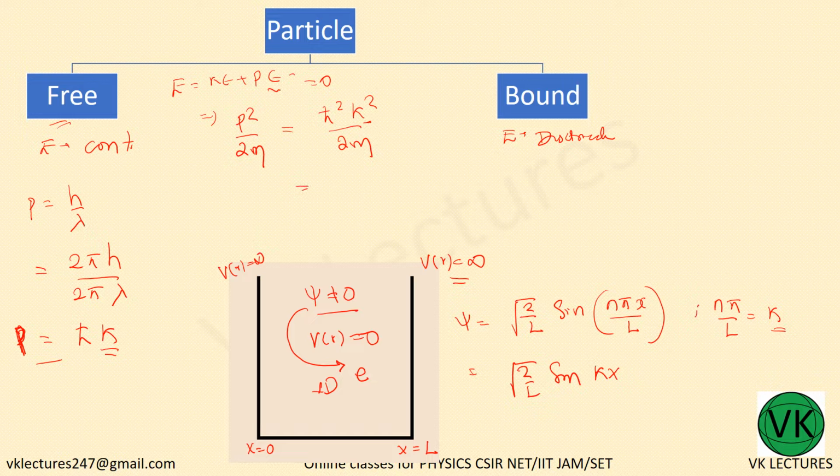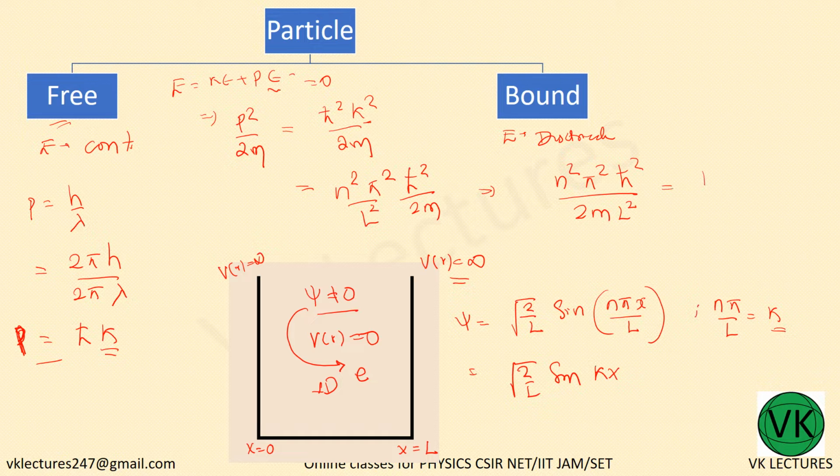We can write k square as n square pi square by L square, so that is equal to n square pi square h cross square by 2m L square.